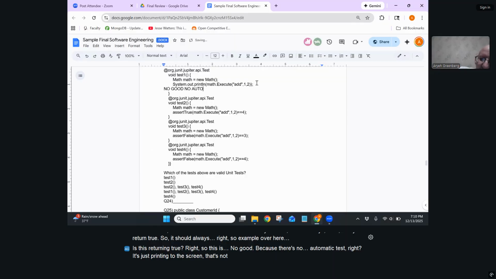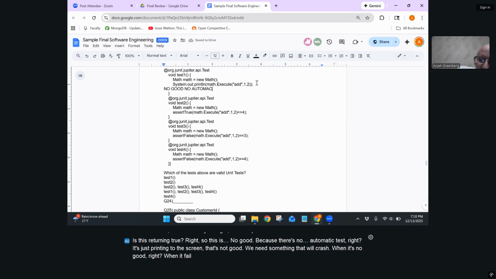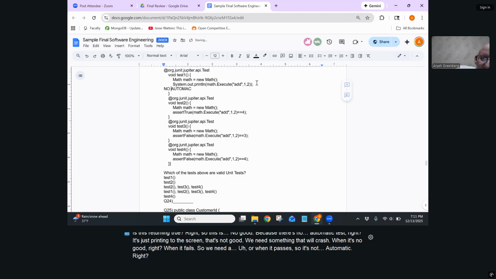That's not good. We need something that will crash when it fails, or when it passes. So it's not automatically tested, it needs a human to see the result.